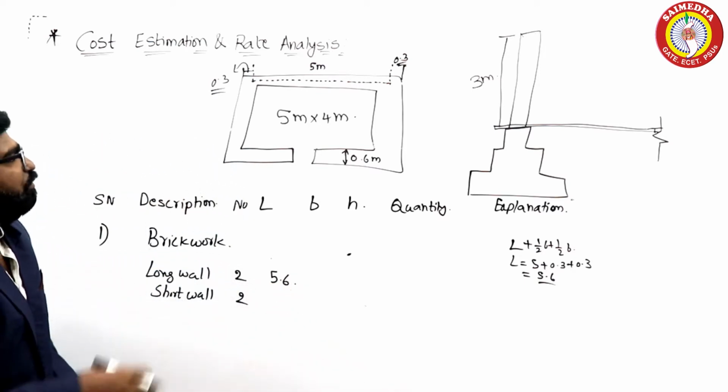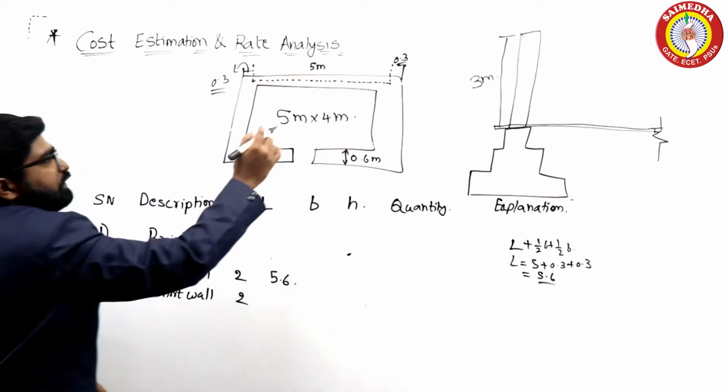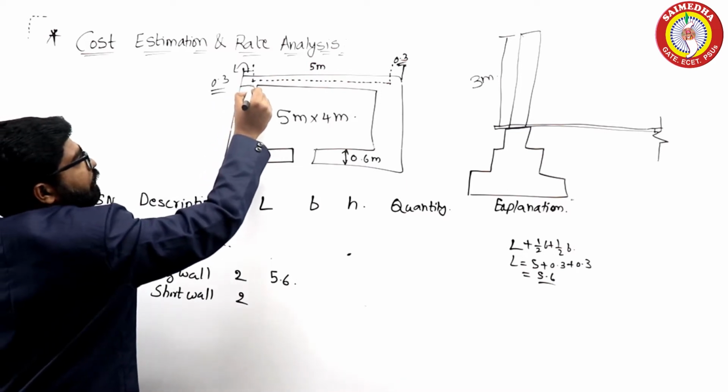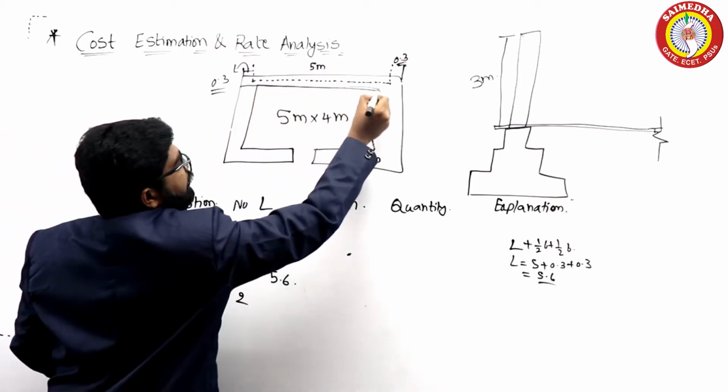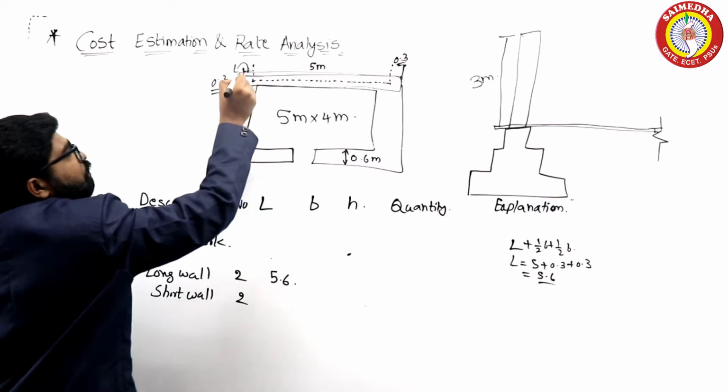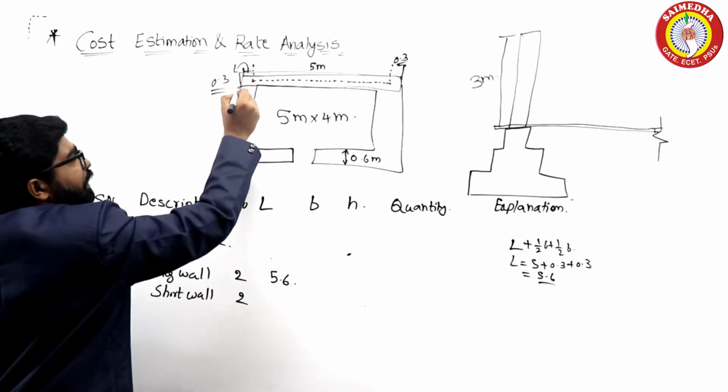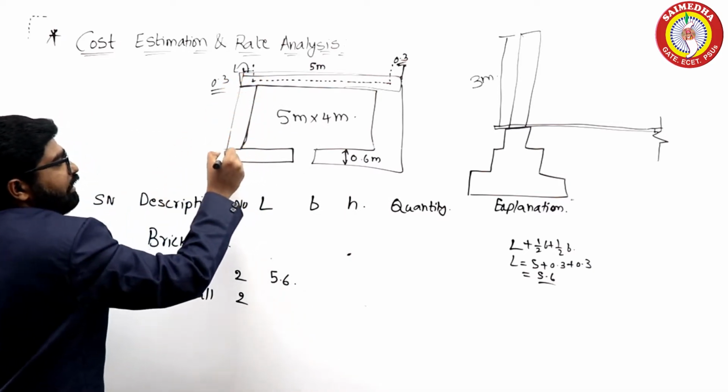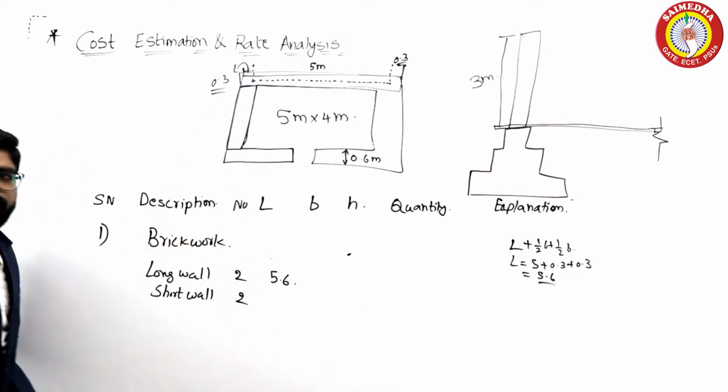So what I am doing is, when I am doing long wall and short wall, I am making this whole as a rectangle and finding its volume. And next I am making this whole as a rectangle and taking its volume, right?